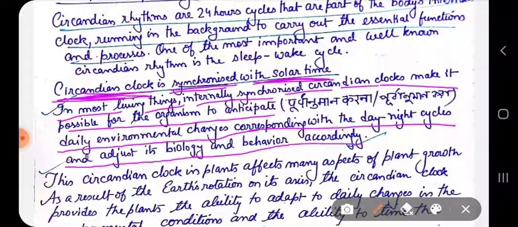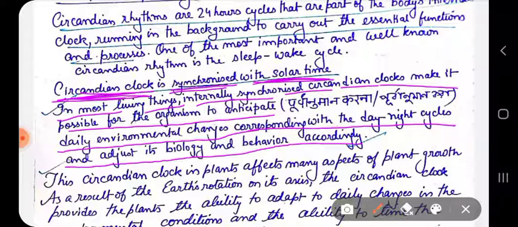So we can anticipate, by synchronizing the circadian clock with solar time, the day and night cycles, and we adjust our body functions, our biology, our behavior accordingly to this circadian rhythm.